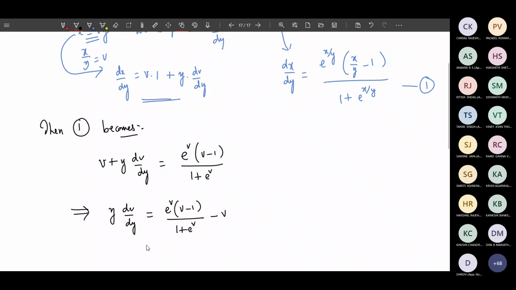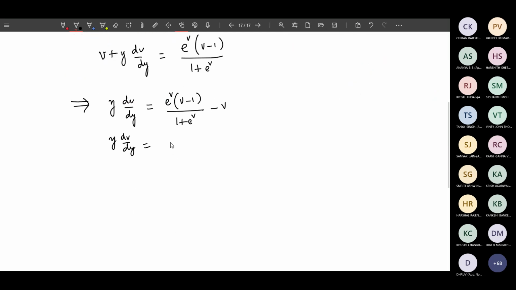So algebraic simplification again by taking the LCM: y dv by dy equal to e power v into v, minus e power v, minus v, minus v e power v, upon 1 plus e power v.